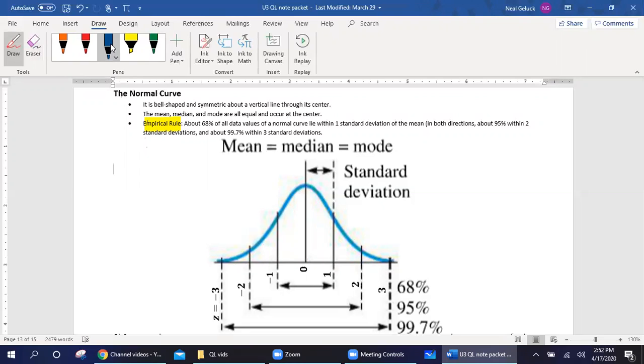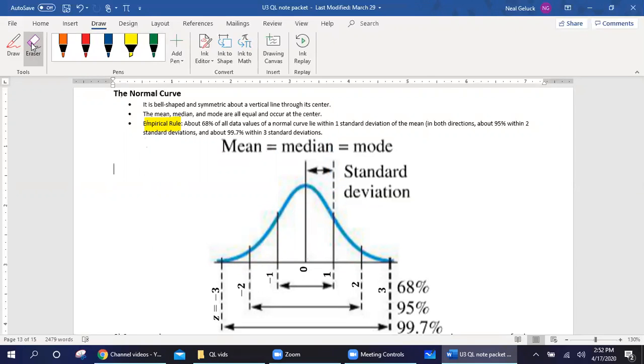So basically it's saying from here to here, that would be 68% of the total data. So the bars that fit in here account for about 68% of all the bars. Well, not of all the bars, of all the numbers of data values.